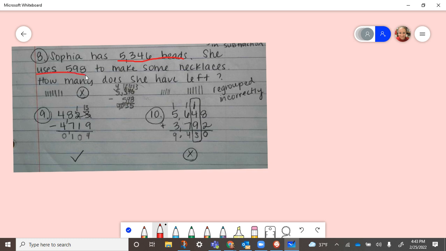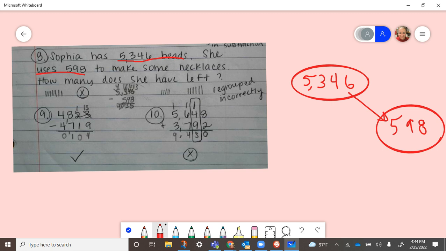So what she's doing is she's got all of these beads, 5,346. She's got that many beads. Well, she's going to use some of them, 598, to make some necklaces. And we want to know, once she gets that amount taken away, how much does she have left?